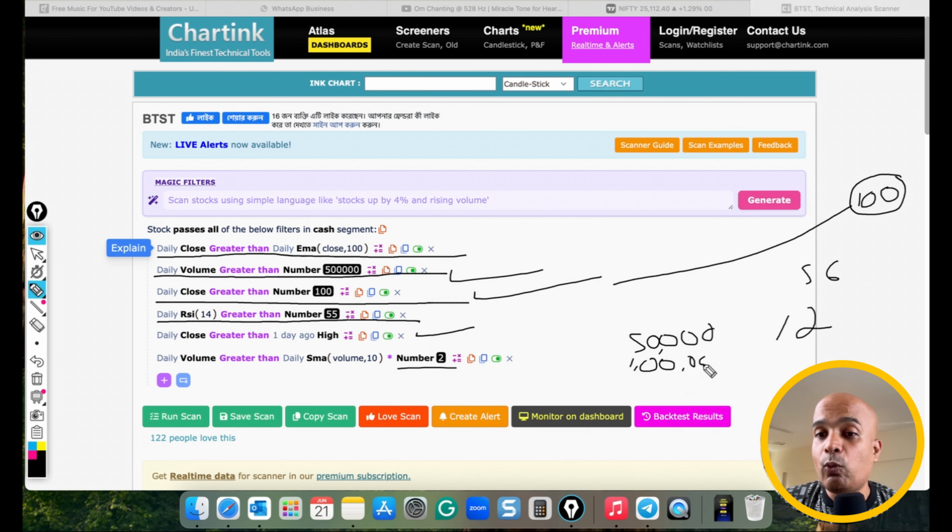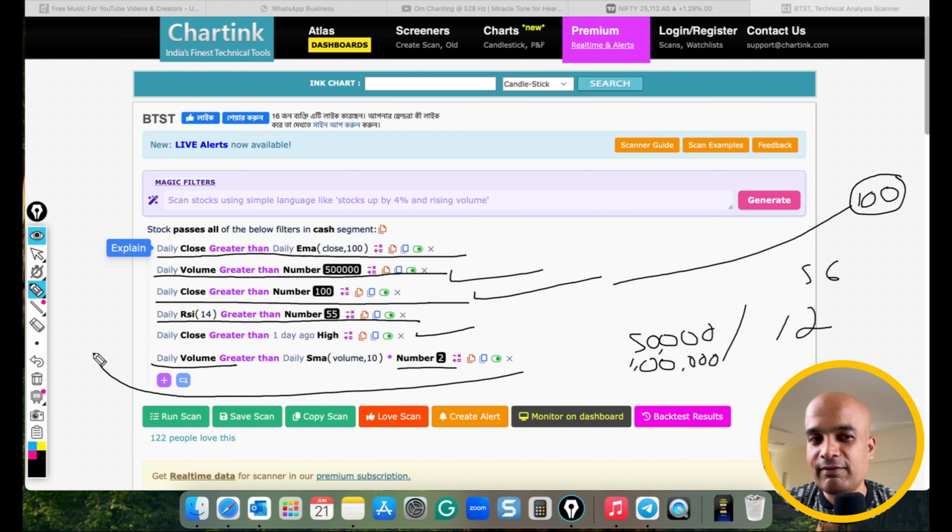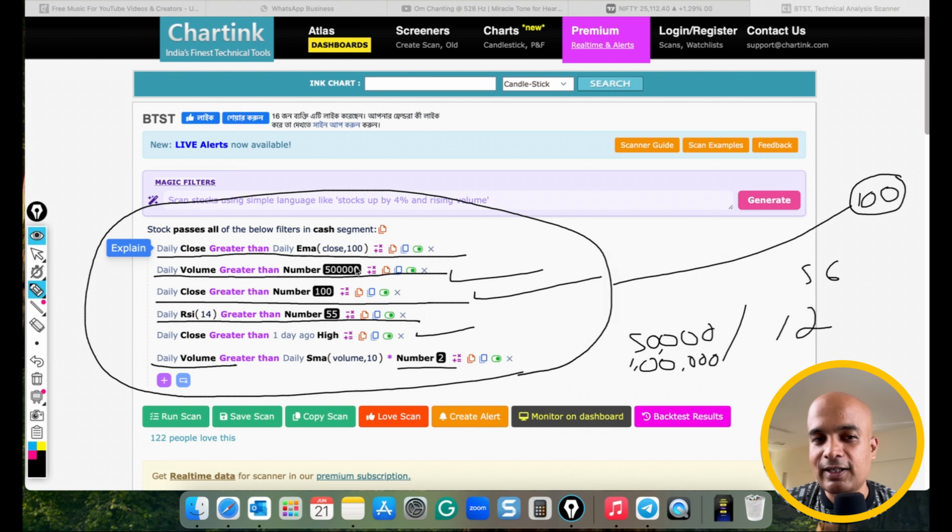Okay, so if today's volume is above twice the last 10 days' average volume, then only they are using this. So what it means is bullish momentum should be there today. Okay, so I don't know who developed this. Once again I'm saying this, they have used the most intelligent parameters as per this strategy.